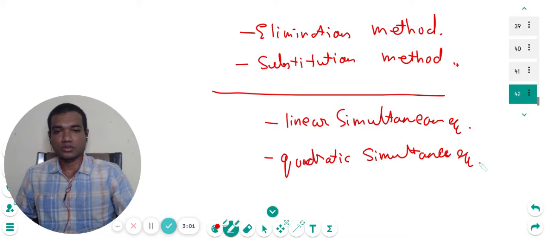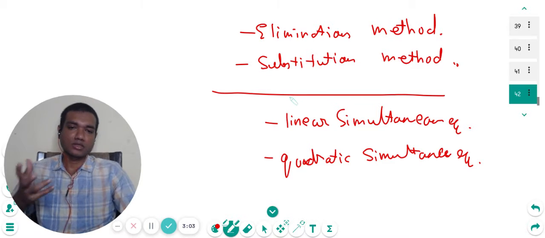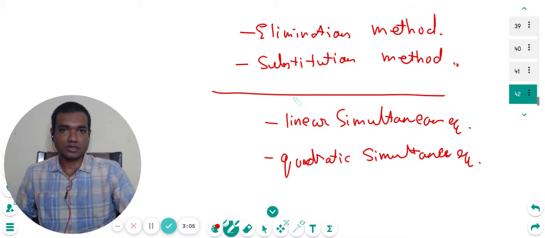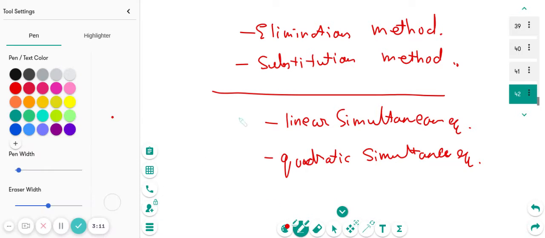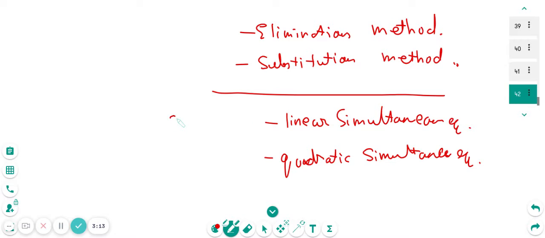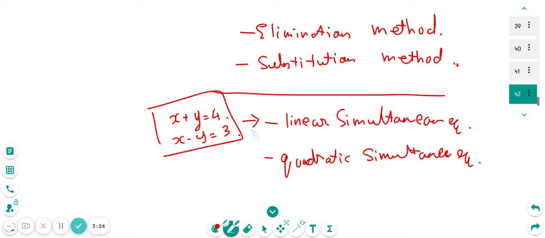An example of a linear simultaneous equation would look like x plus y equals 4 and x minus y equals 3. This is an example of a linear simultaneous equation in which the highest power of the equation is 1.